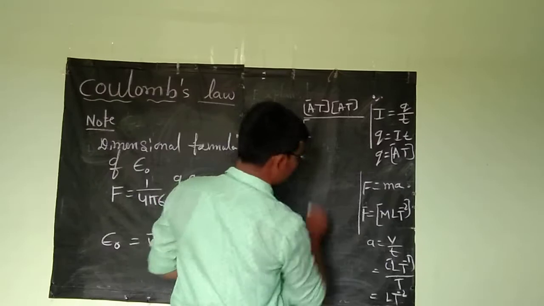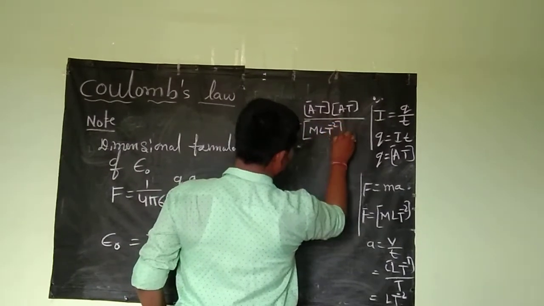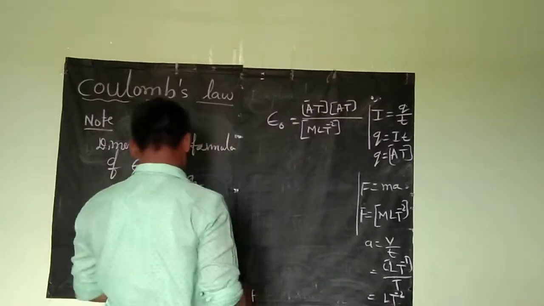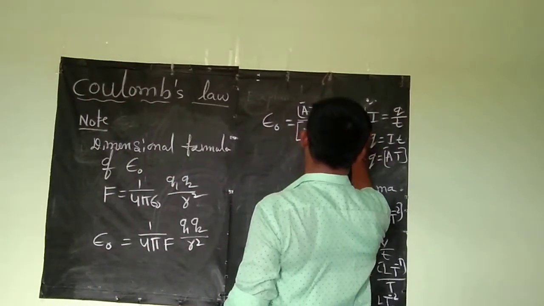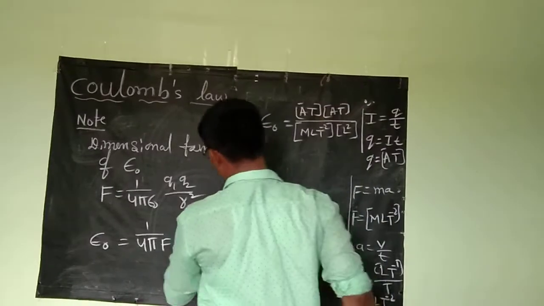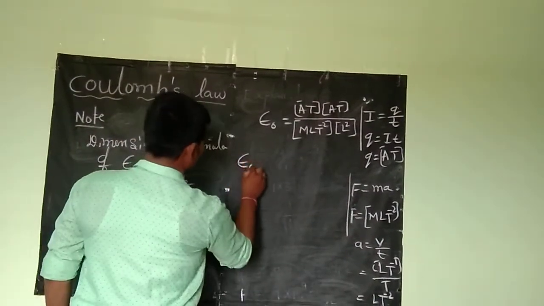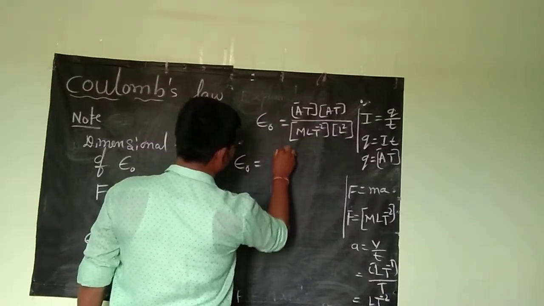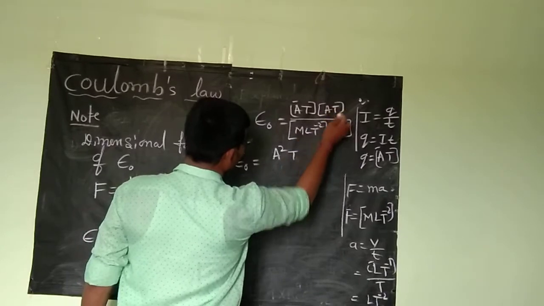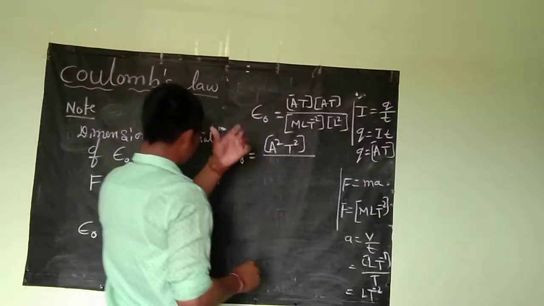You have to write that here: M L T minus 2, and for the remaining r, this is L square, because r square is there, right? Epsilon naught is equal to A into A, it becomes A square, T into T square, we have to write in the square bracket.